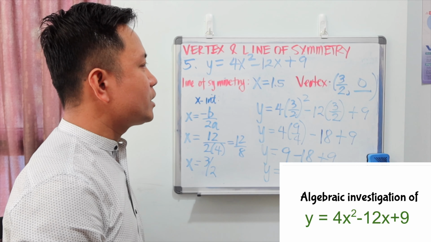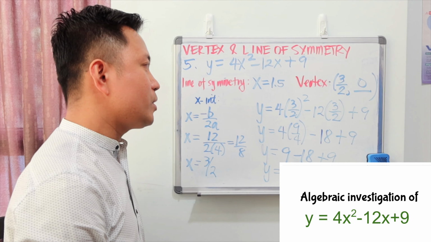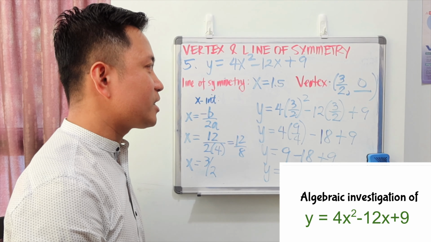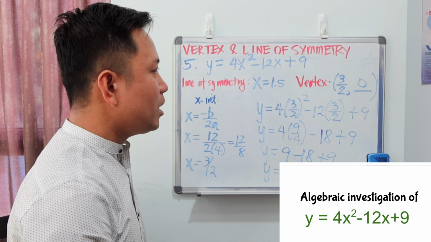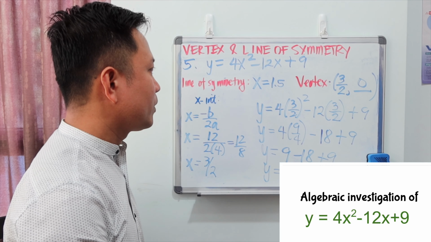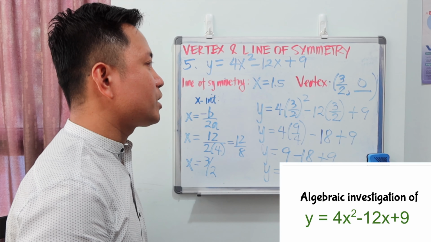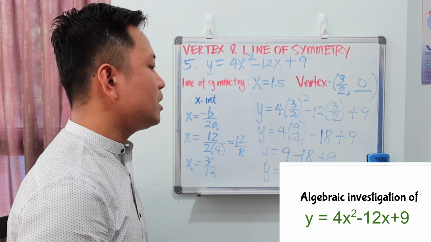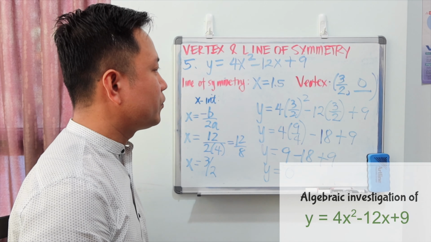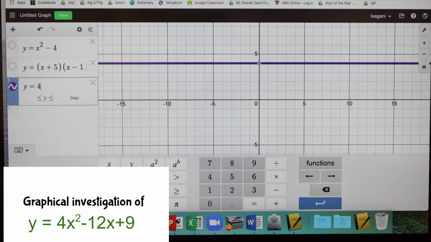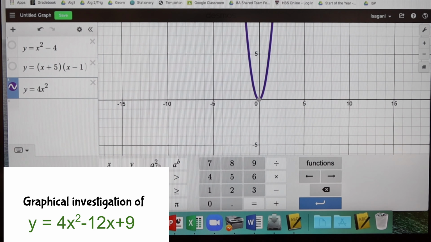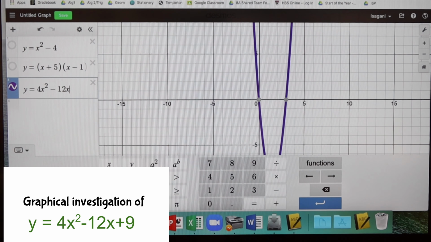Looking at the graph of this parabola, we know that there is only one x-intercept because the vertex is on the x-axis, at (3/2, 0). And the line of symmetry will also pass through that vertex, so we have x is equal to 1.5. Now let's consider this quadratic function, y is equal to 4x squared minus 12x plus 9.